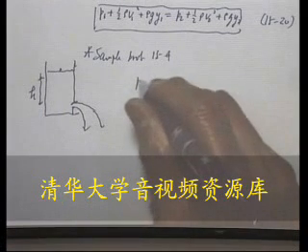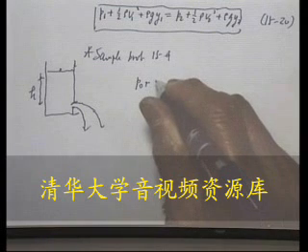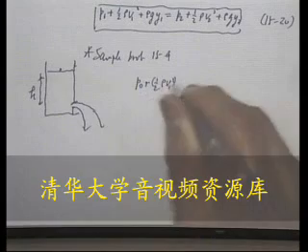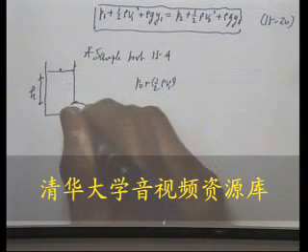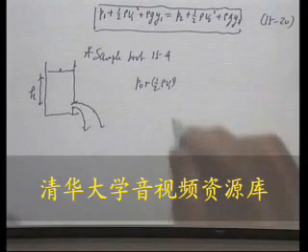We take this point to be 1, take this point to be 2. At 1 there's the atmospheric pressure plus 1/2 rho v1 squared, but if this is a very small hole, the surface drops down very slowly, so we neglect this.